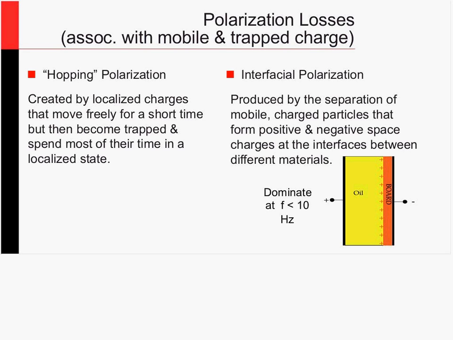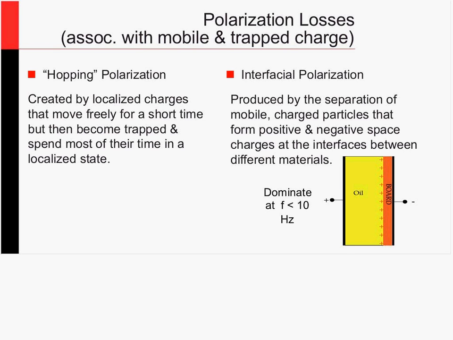Hopping polarization would be those charges that can move within that material, but then they get trapped and maybe spend their time there until the field changes again, at which time they may or may not move, or they may move back the way they came, and so forth. So it's a very unpredictable type of process.